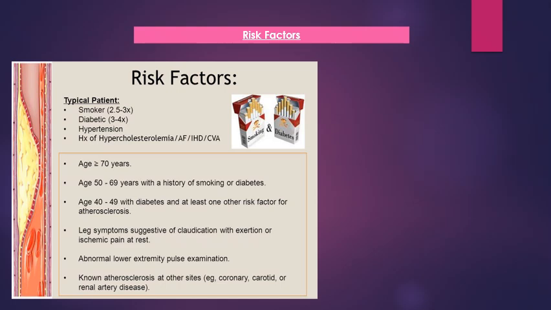Now, what are the risk factors for this disease, peripheral vascular disease? The risk factors are basically smoking, diabetes, hypertension, and a history of hypercholesterolemia, associated with atrial fibrillation, ischemic heart disease, or cardiovascular accidents. So, this is in summary. These are the important risk factors: age, leg symptoms, abnormal lower extremity pulsation, and a known case of atherosclerosis.